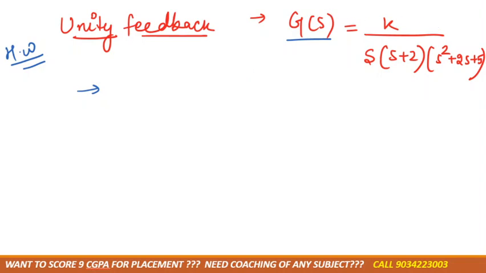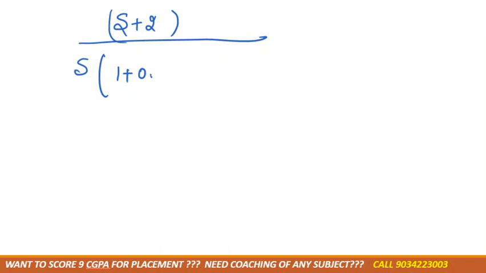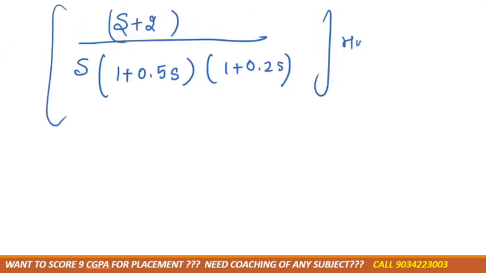Do it, write down another one: G of s equals 10 divided by s (1 plus 0.5s) (1 plus 0.2s). This question I'll teach. This would be your homework. You need to calculate Kp, Kv. For your reference, I'm telling you the answer. Cross check: Kp is going to be infinity, Kv is going to be 10, and Ka is going to be 0.